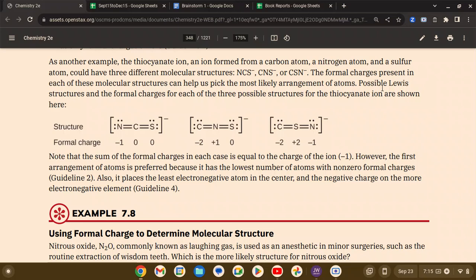So one of these, NCS, CNS, one of these ions is just whatever the structure is. It's just it. But if you're only looking at that structure, you're not considering everything around it. So you also have multiple bodies that are going to influence that single body in the environment.